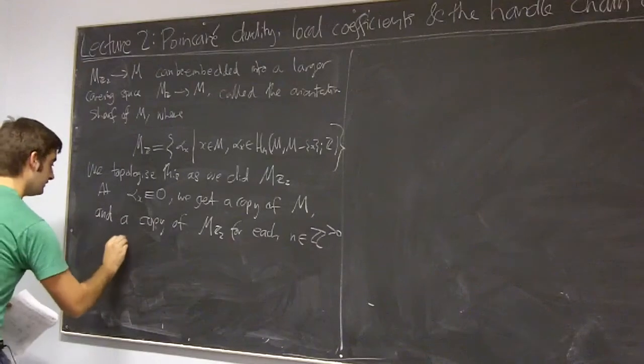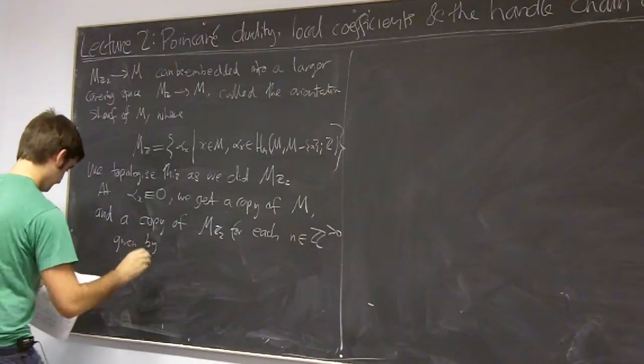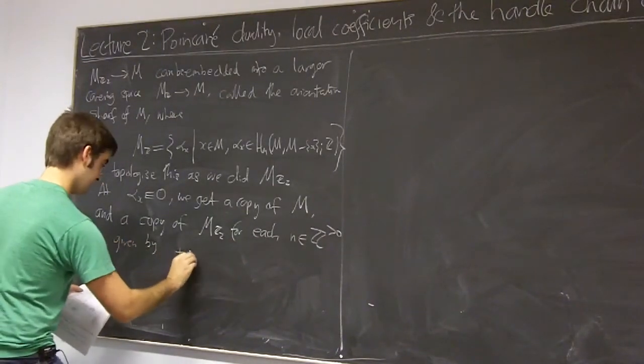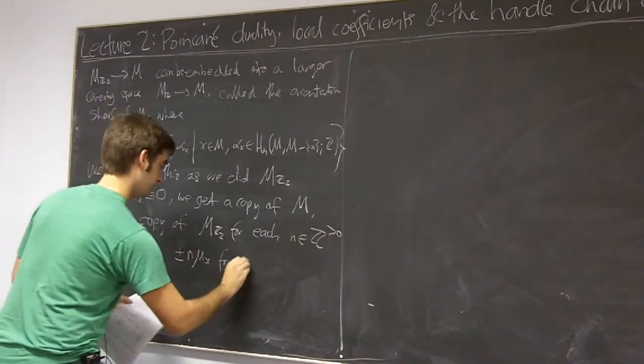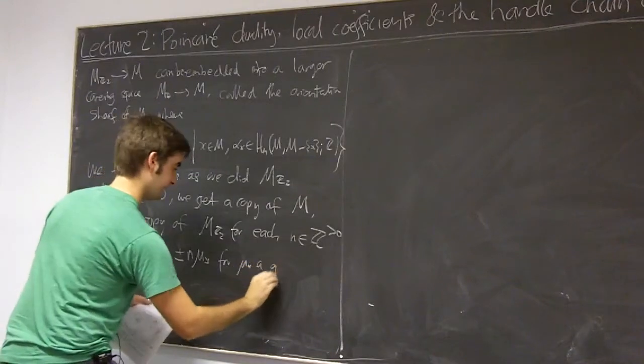And this is given by plus or minus n times mu x for mu x a generator.